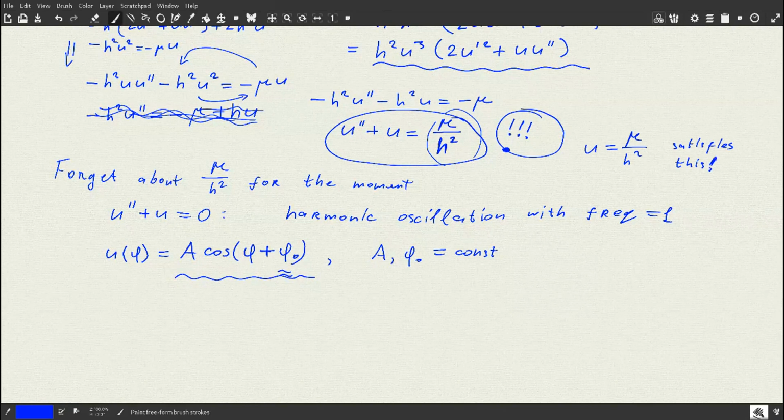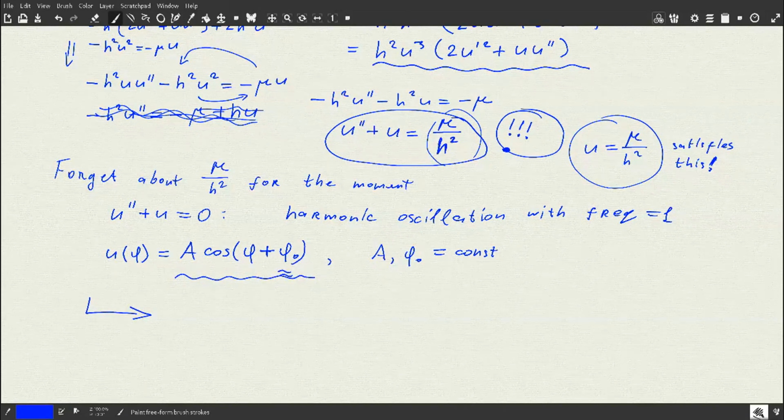Very simply. And this allows us to say that if you take the sum of the harmonic oscillator and this constant, it will satisfy this equation as well, and it will be our solution.